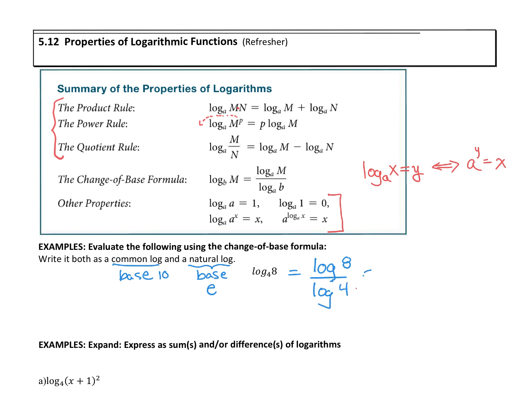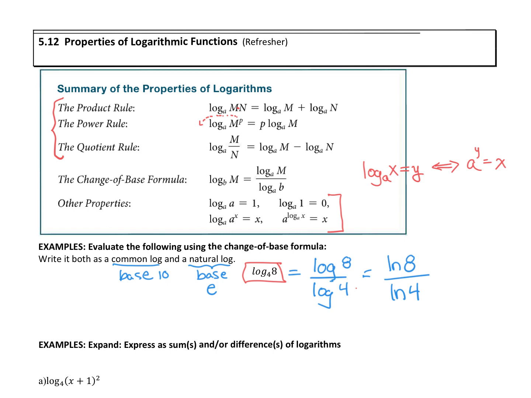So we've just changed that base to base 10. Alternately, I could have said the natural log of 8, that's log base e, divided by the natural log of 4. I remember this one by simply saying if the 4 is below the 8, as it is in this expression, it will be the one on the bottom.